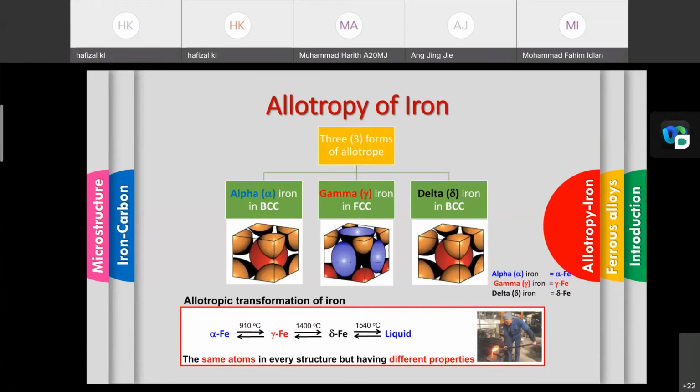Okay, so during the cooling process from molten iron, or the solidification process, we can see a difference of the allotrope in terms of the atomic arrangement.